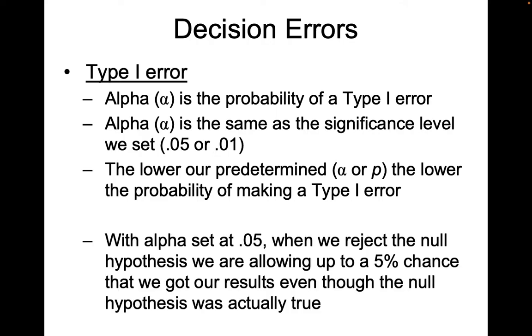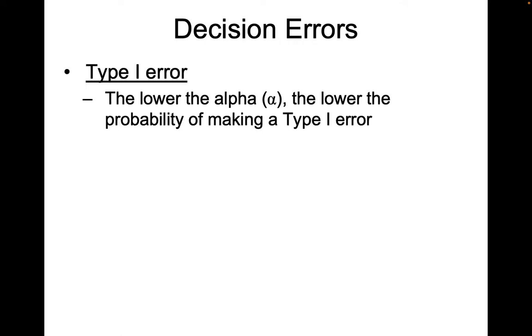So with an alpha set at 0.05, when we reject the null hypothesis, we're actually allowing up to a 5% chance that we got our results, even though the null hypothesis was actually true. The lower we set our alpha, the lower the probability of making a type 1 error.